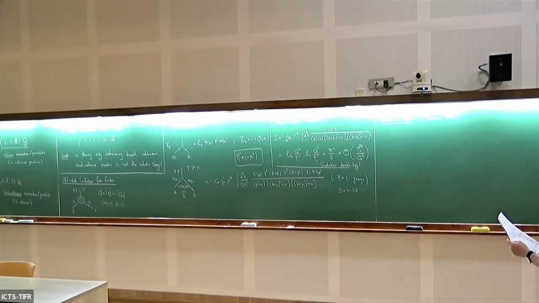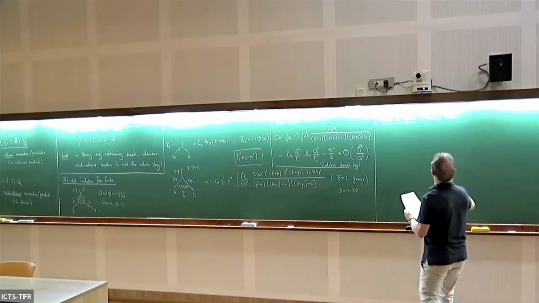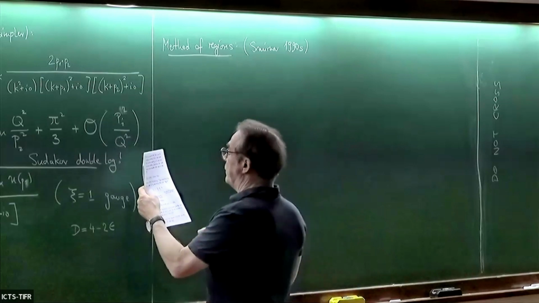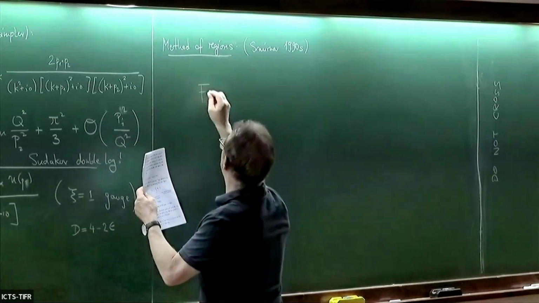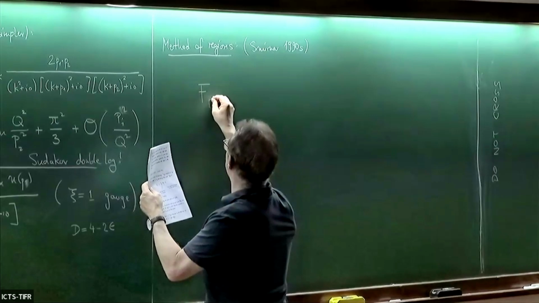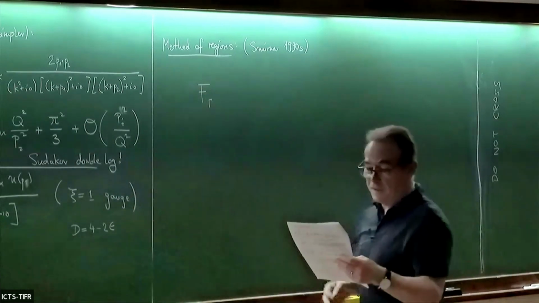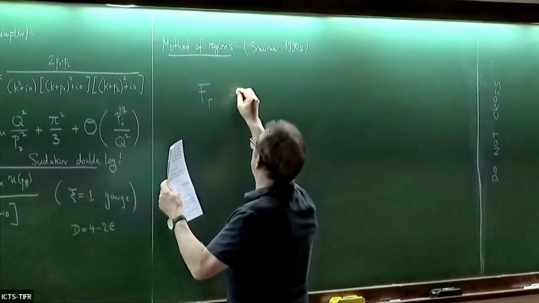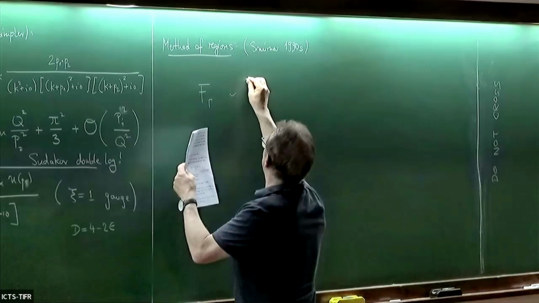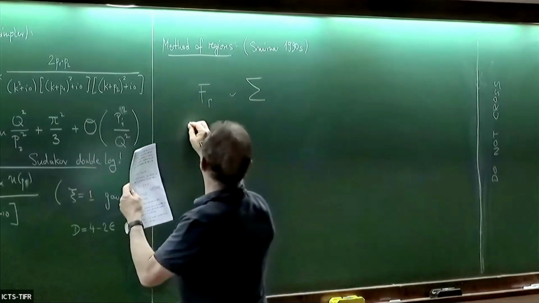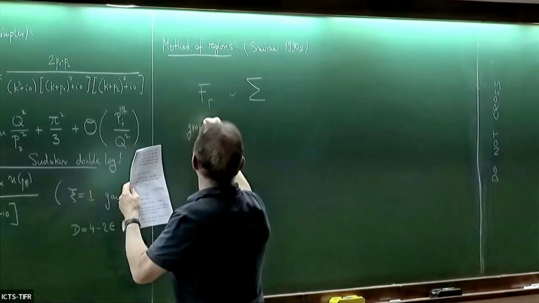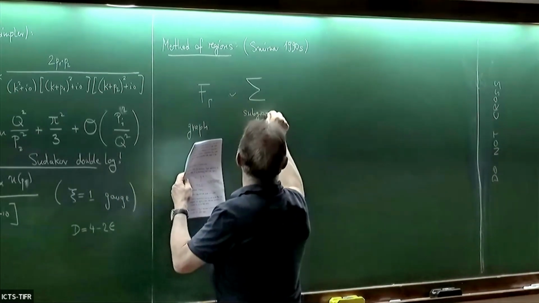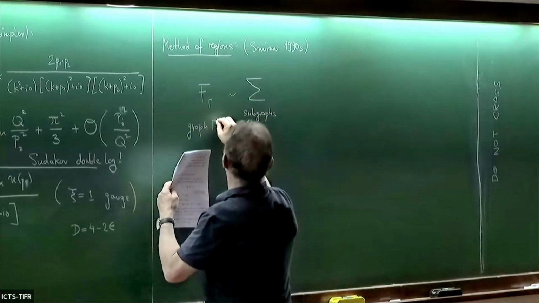Now, this method of regions is a complicated mathematical theorem. It's not easy to prove it. Roughly speaking, what it does is that if you take a Feynman graph Gamma, that's the original Feynman graph or Feynman integral, you can express this Feynman integral as a sum over subgraphs, little gamma.